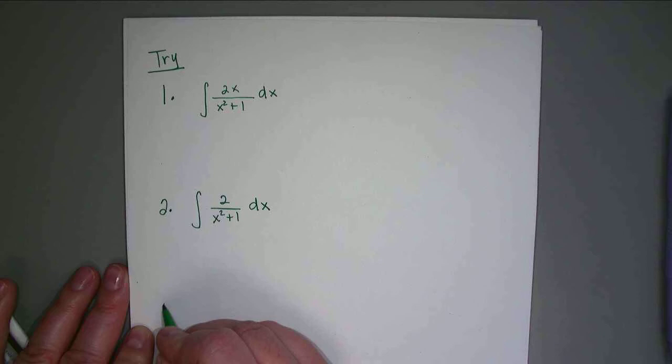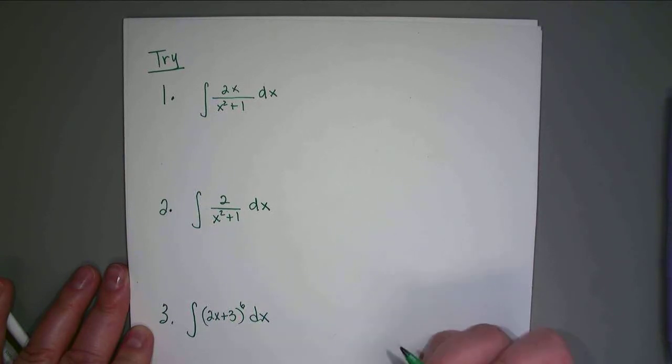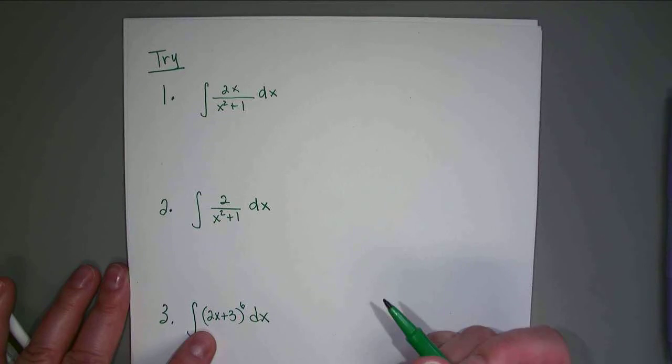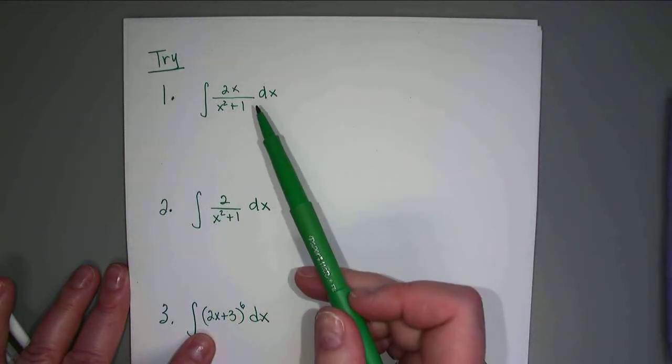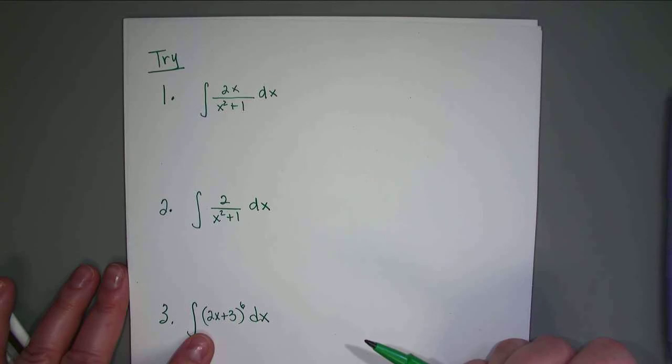And actually, let's just add a third in here. Okay, bracket to a power. So bracket to a power, here's a fraction and another fraction. So I'll let you try these for a few minutes, and we'll put the answers at the start of the next video.